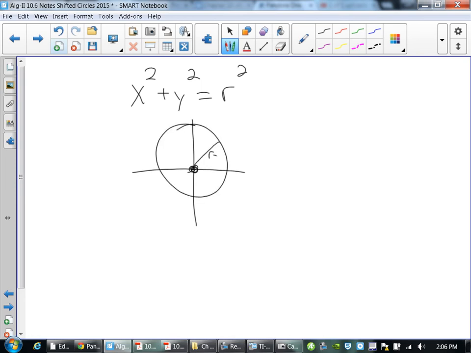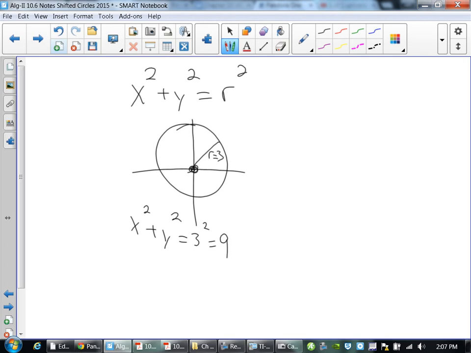So if you have an r value of 3 and you're centered at the origin, the equation of that circle is just x squared plus y squared equals 3 squared, which is 9. And that's how you write it. You're done. You're centered at the origin with a radius of 3.